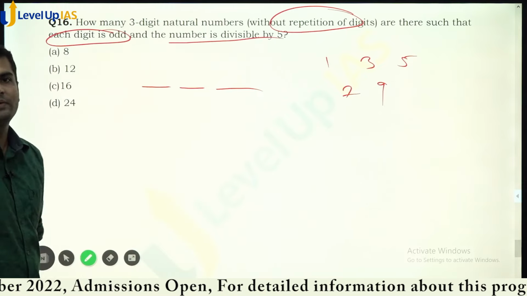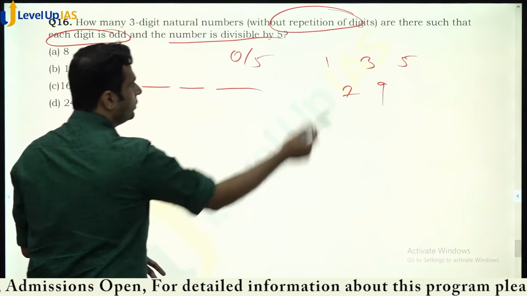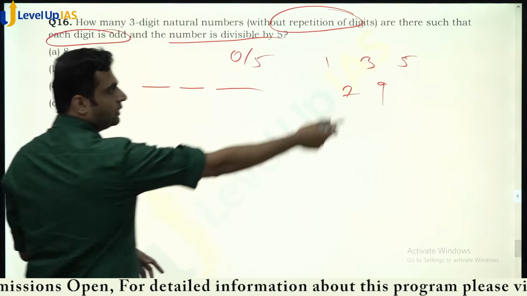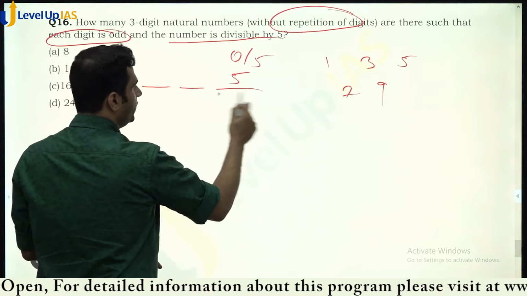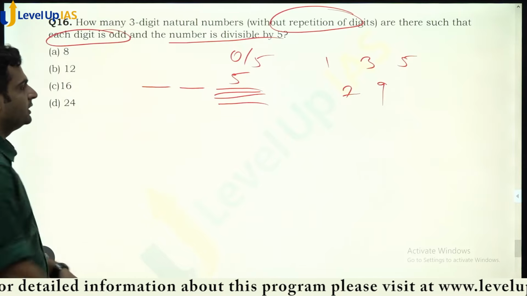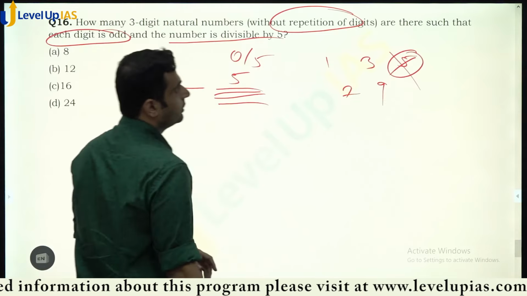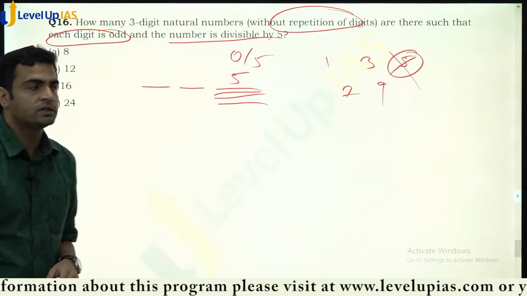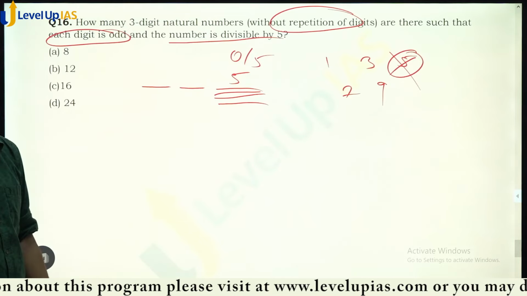When is this number divisible by 5? When at units place you either have 0 or you have 5. 0 is not an option because every digit has to be odd. So you must have 5 here. It is fixed. There is no choice. You cannot change that. There is always 5. So 5 is not available anymore because we cannot repeat the digits. So we only have 4 choices left for these 2 places.